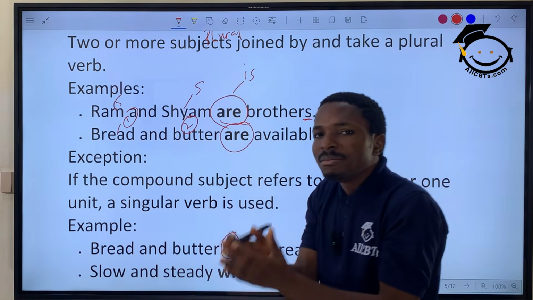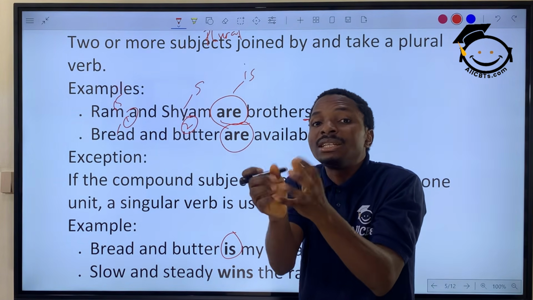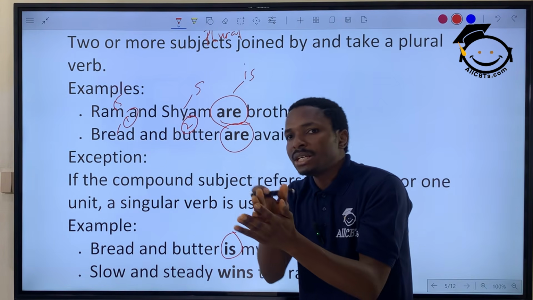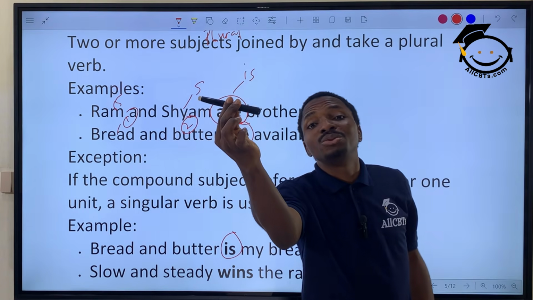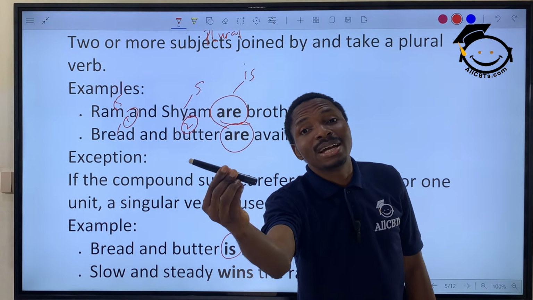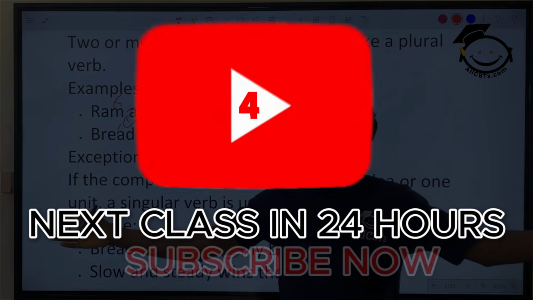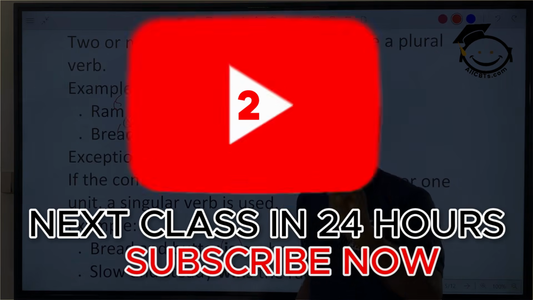No, we're saying bread with butter. Butter inside bread, it has become one unit. Do you understand now? I've taken out my two slices of bread, I've put butter in the middle. It becomes one unit. That's bread and butter, right? So it becomes singular. Both of them were plural when they stood as different units, but now that I've meshed them together, they become singular.